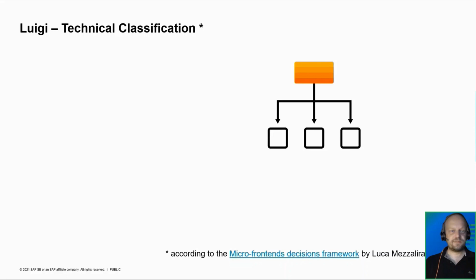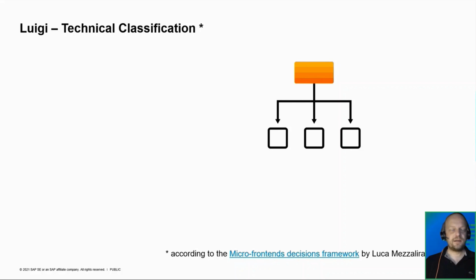So let's have a look at some technical classification, which is a bit hard because there are not that many publications around the whole topic. There's one which I find quite useful. That's the Micro Frontends decision framework, written by Luca Mezzalira.